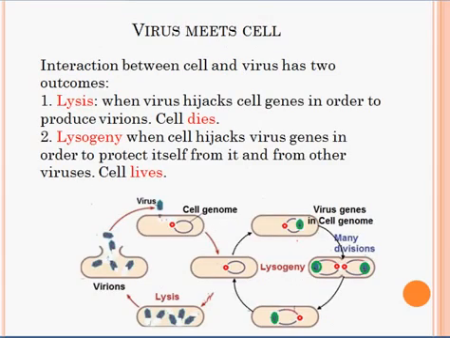So in order to understand the dynamics of Marek's disease, let's study the interaction between a virus and a cell. Interaction between cell and virus has two outcomes. Lysis, when virus hijacks cell genes in order to produce virions, and the cell dies.